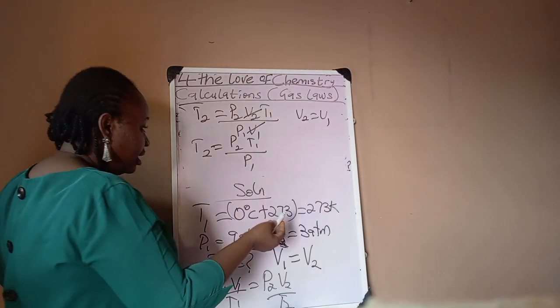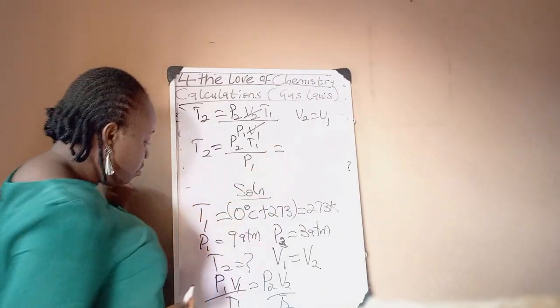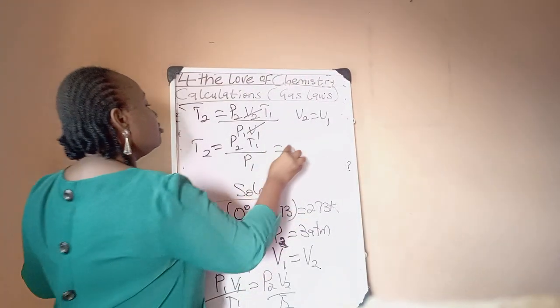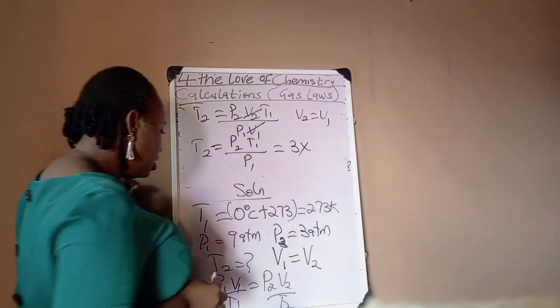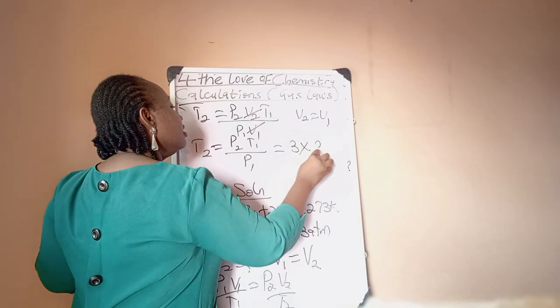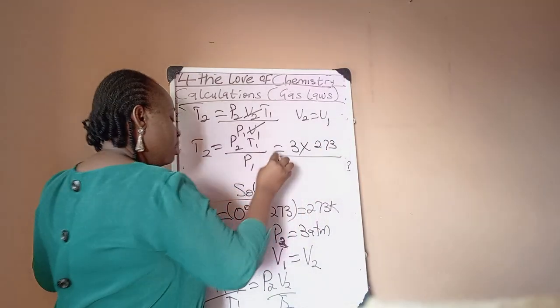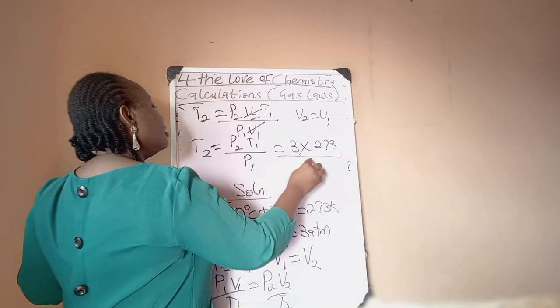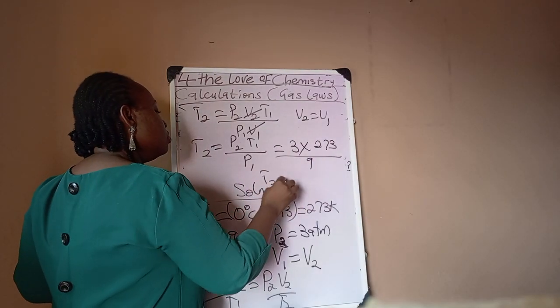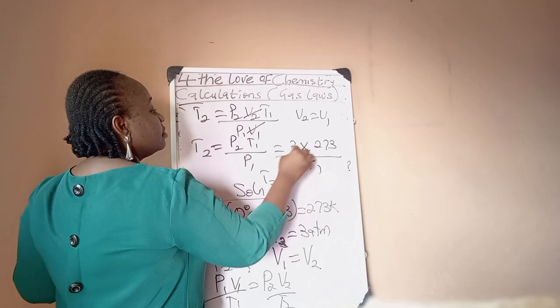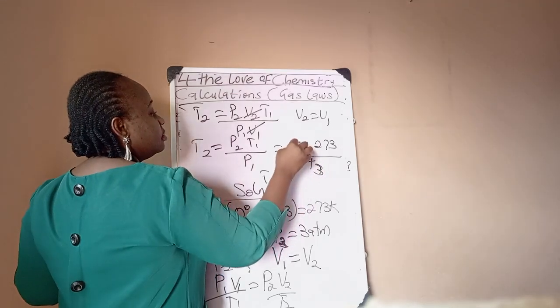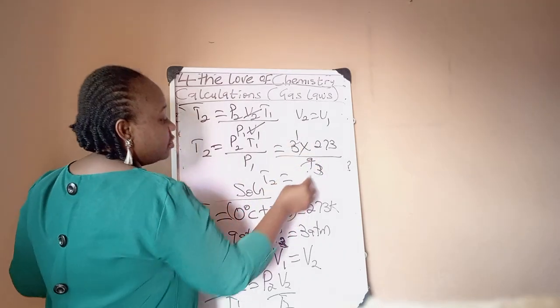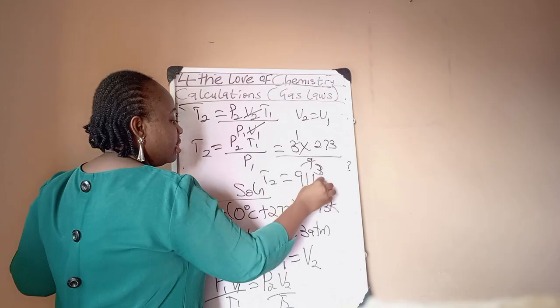Alright, so we put in the parameters. So P2 here is 3 atmosphere times T1 273 all over P1 9. So T2 will give us 91 Kelvin.